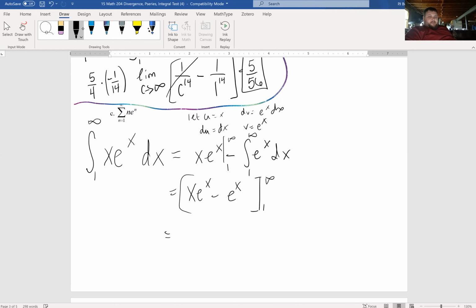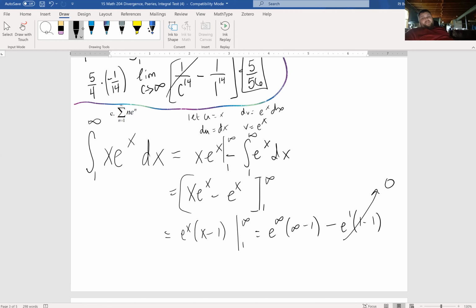I'm going to rewrite it as this. So that second part would technically go to 0, but in all reality, it doesn't really matter, because this guy is an exponential times a linear function.